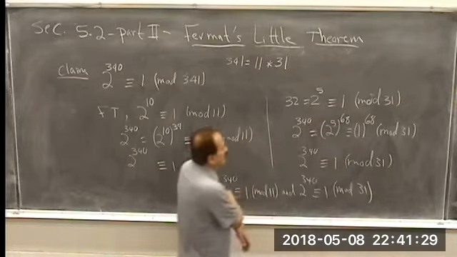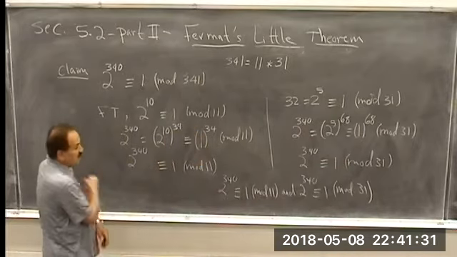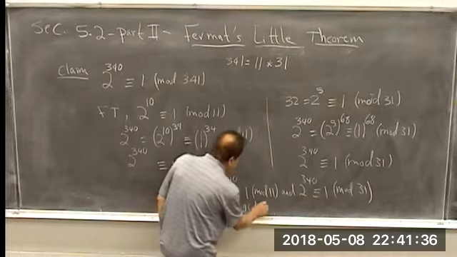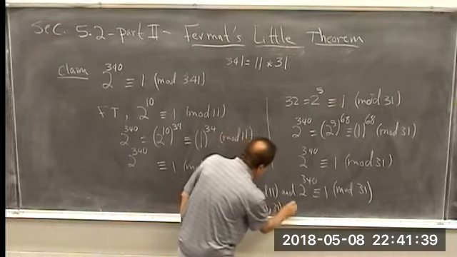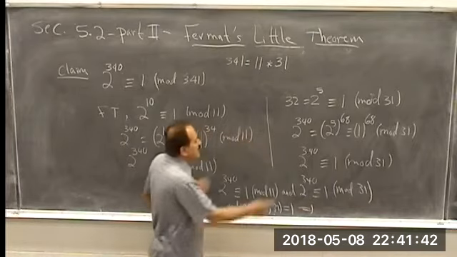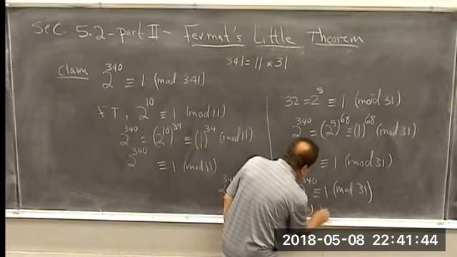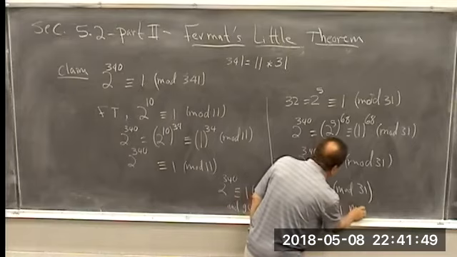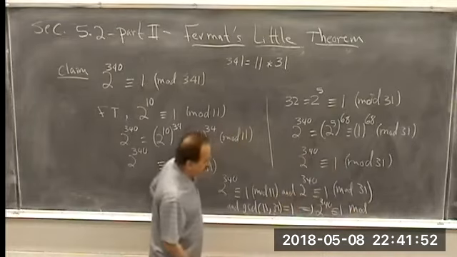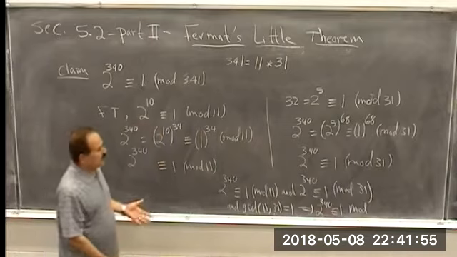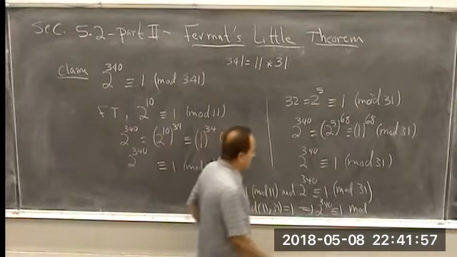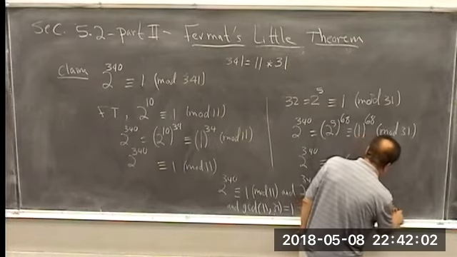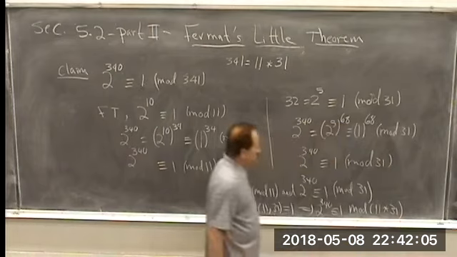One other thing we know about 11 and 31, they are relatively prime, and the greatest common divisor of 11 and 31 is equal to 1. Then we have 2 to the 340 is congruent to 1 mod their least common multiple in general, but since the greatest common divisor is equal to 1, this just gives us the product of 11 and 31, which is of course 341.